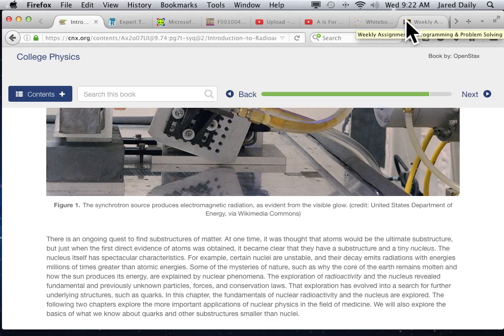So an alpha particle is, what atom would it be if it had 2 protons? Which atom has 2 protons? Helium. So actually what an alpha particle is, it's just a helium nucleus. It's just the nucleus, it doesn't have any electrons kicking around it.